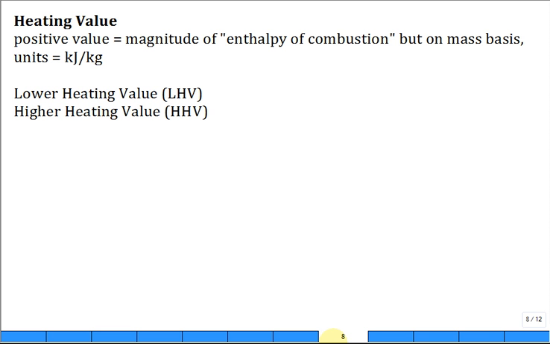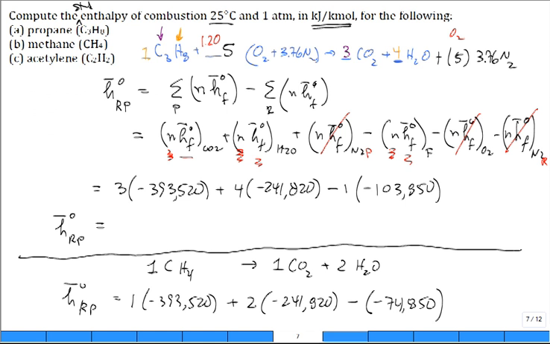Let's talk about heating value. Notice that the enthalpy of combustion was typically negative. Okay, look at all these negative values. For the propane, negative 2,043,990 kilojoules per kilomole.